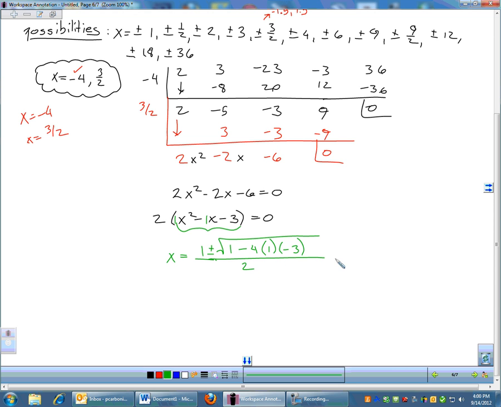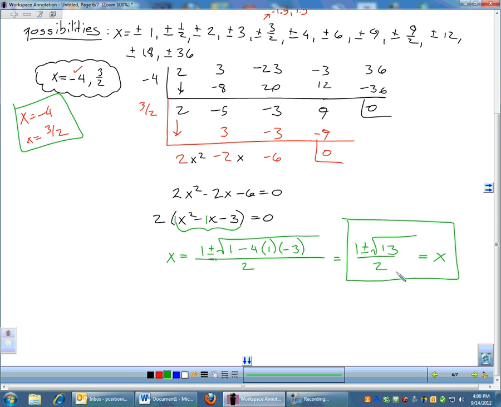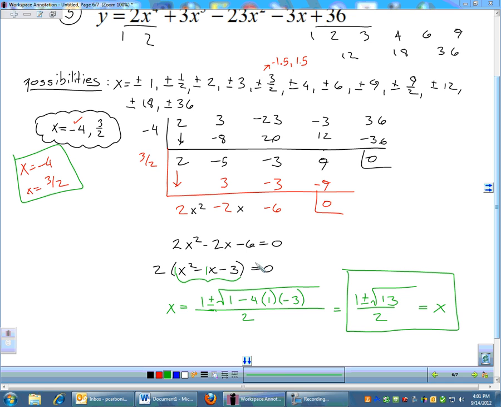So 2 times 1 is 2, and then I'll clean that up to 1 plus or minus the square root of 1 plus 12 is 13 over 2, and those are my other 2 roots, because we have 1 plus root 13 over 2, 1 minus root 13 over 2. So we have 2 rational roots, and then we have 2 irrational roots. They have square roots, and that's why my other two roots didn't look like they were in my rational possibilities. So there we are.